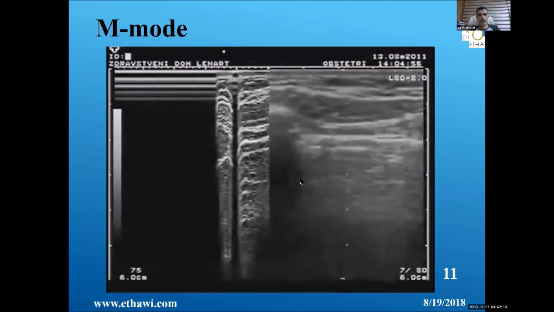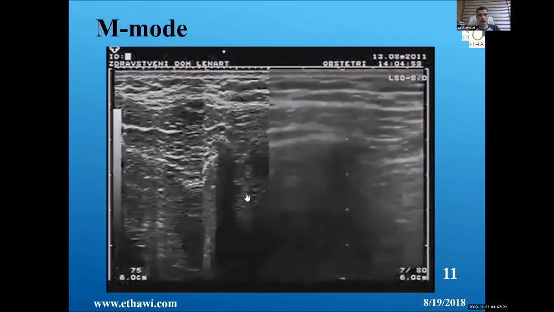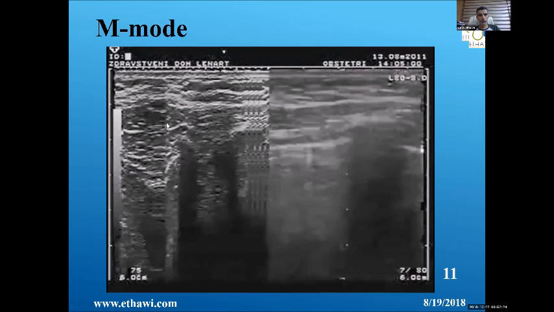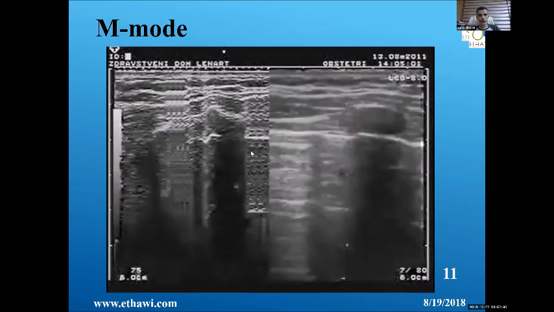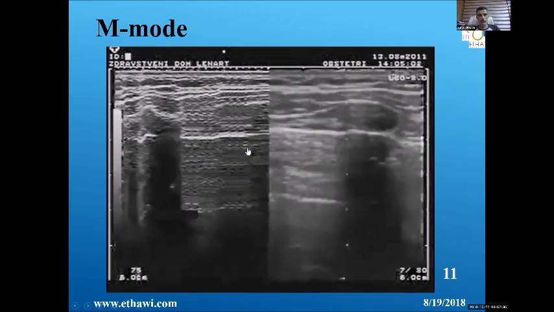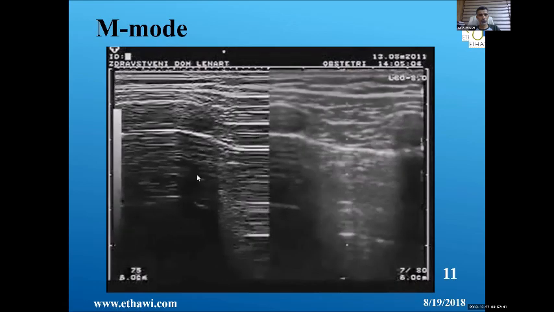And you can see here normal lung, pneumothorax, normal lung. You can see the barcode sign in here. You can see normal lung in here.